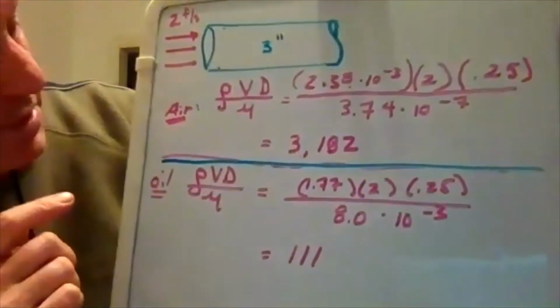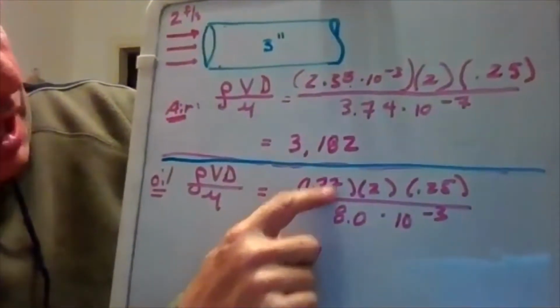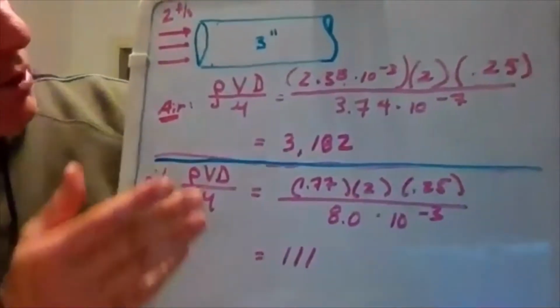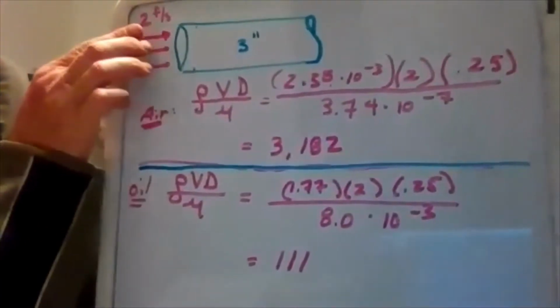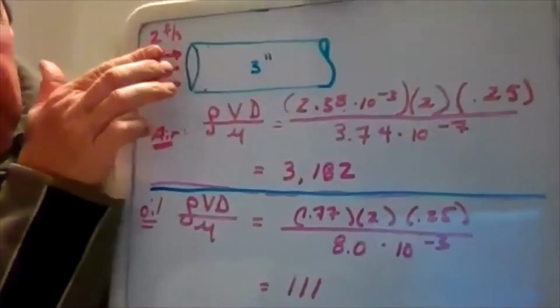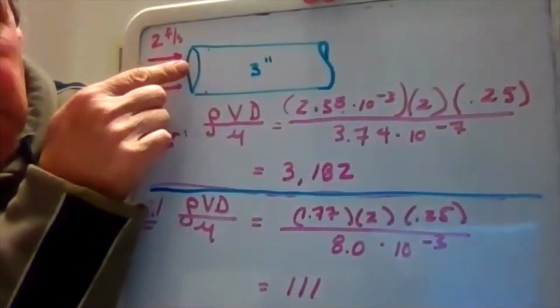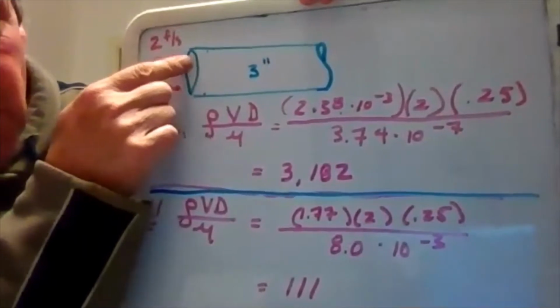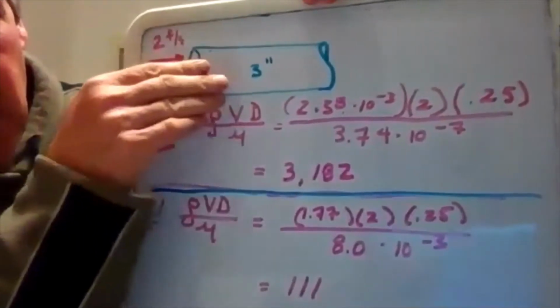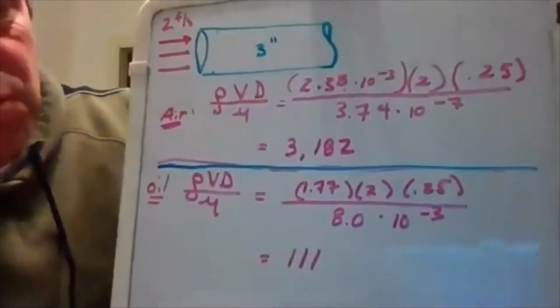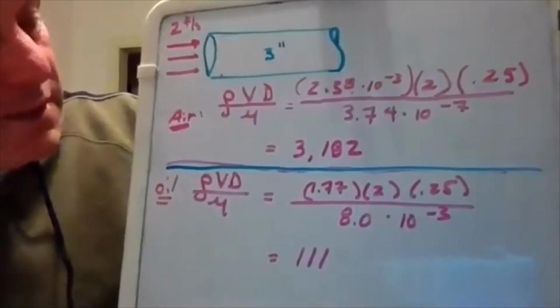Looking at some of the details, oil is a lot denser than air. So we're going to be trying to fit a lot more particles through this pipe. If we're trying to have oil at 2 feet per second go through this entrance, there's a ton more particles of oil per that entrance area. So we're trying to squeeze a lot, and that makes it more likely to be turbulent.